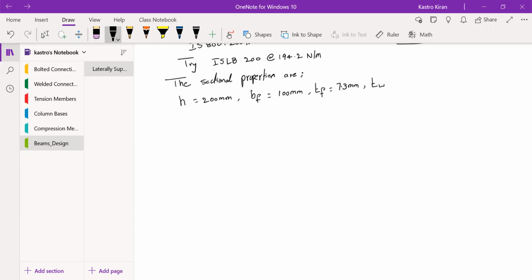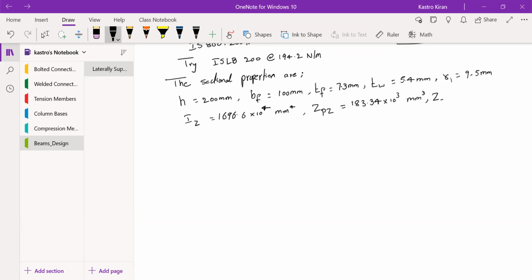And the thickness of the web is 5.4 mm, and the radius at root, which is R1, is 9.5 mm, and the moment of inertia, that is IZZ, equals 1696.6 into 10 power 4 mm power 4, and the plastic section modulus of this section is ZPZ equals 183.34 into 10 power 3 mm cube.